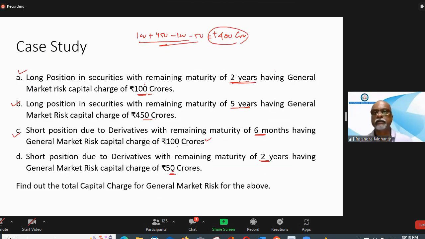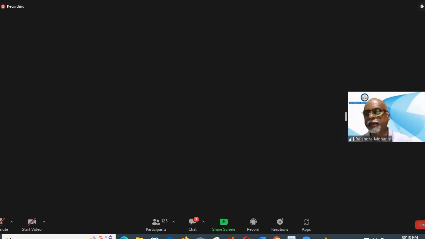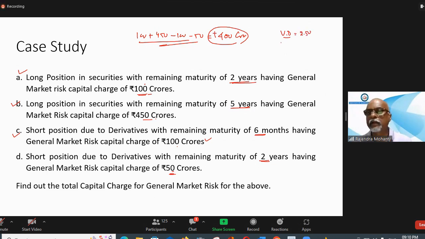The vertical disallowance we have calculated is 250. The horizontal disallowance we calculated is 50 plus 20, so it becomes 70. With this 70, whatever 400 was already there in the question, 400 plus 72.50 is equal to 472.50.